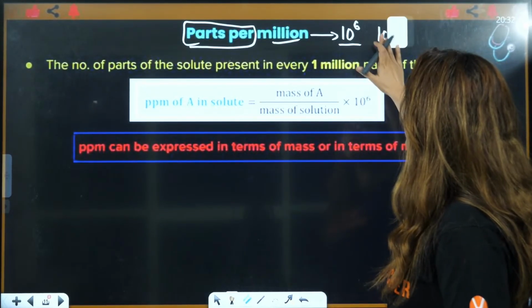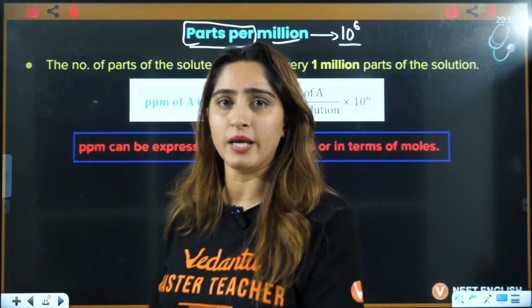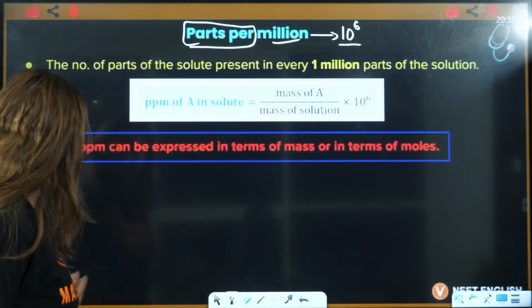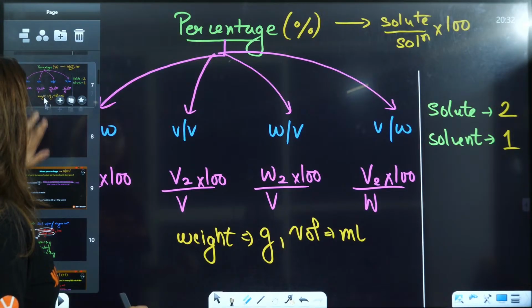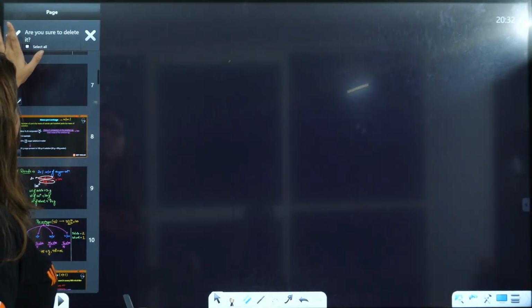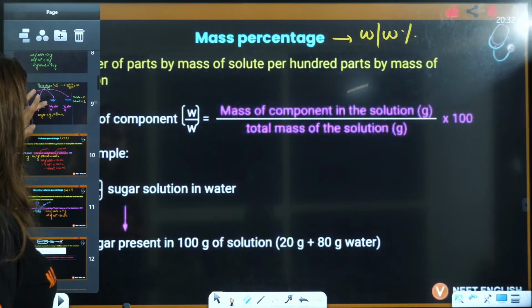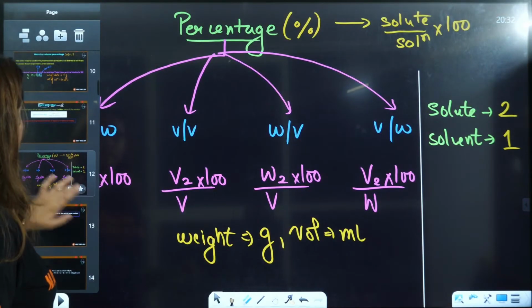So everything is the same here as in the percentage slide. I'll just copy paste that slide and move it here. You will see everything is the same.